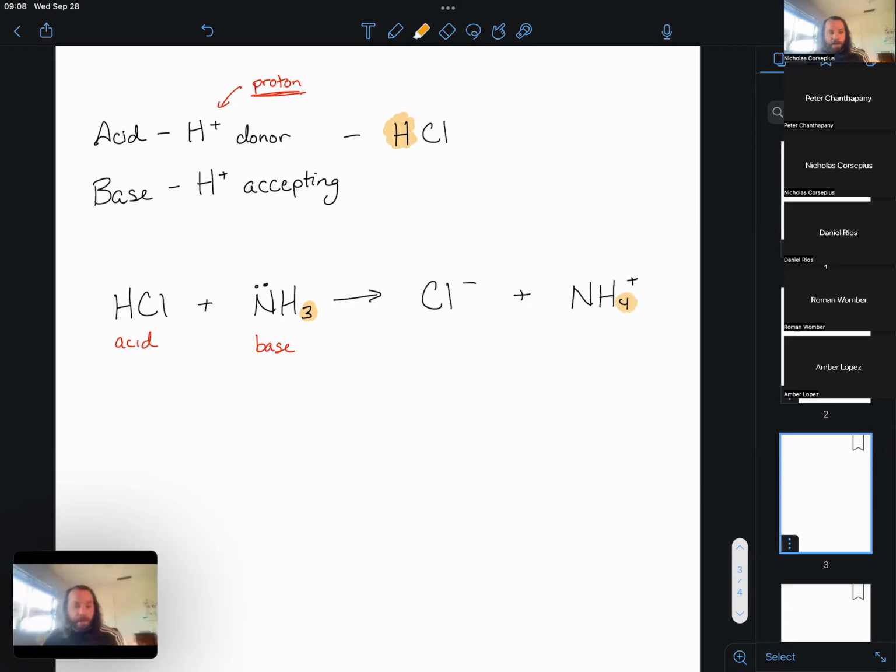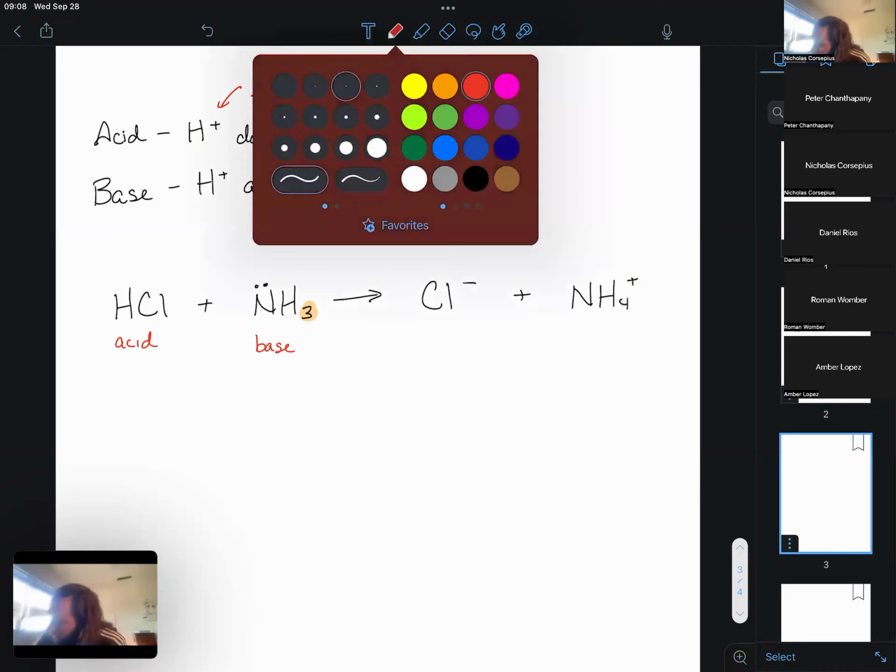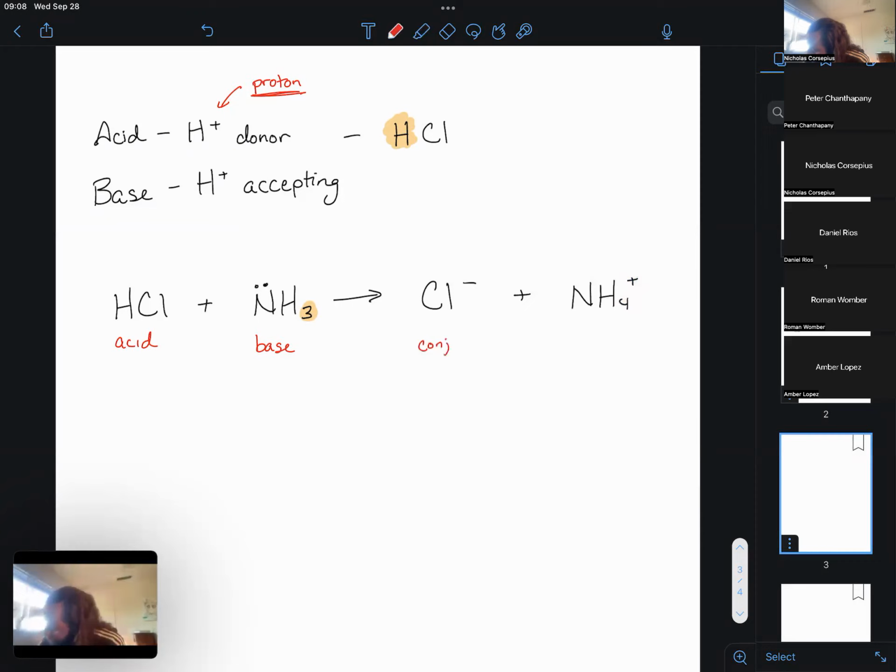But again, it's that positively charged hydrogen ion, so it also gains a positive charge. All right, we have special names for these on the other side of our chemical equation here. The acid is going to become the conjugate base. And the base is going to become the conjugate acid.